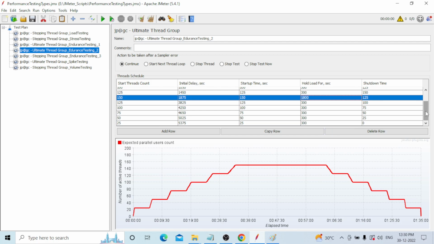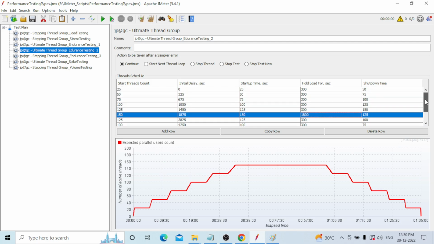Okay, now maybe you understand how we need to design this process. Whenever you calculate this, the first time you give the zero value initial. Startup time is the same, before start thread count you use, and whole load also 300. I myself gave it. For shutdown time, I took the startup thread count plus startup time.